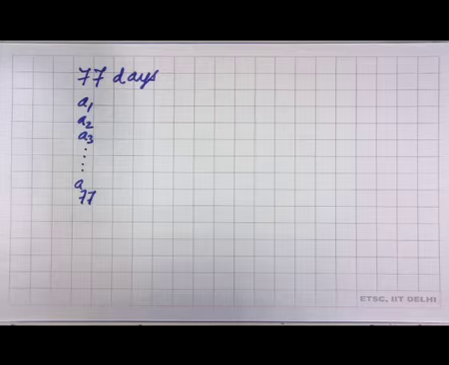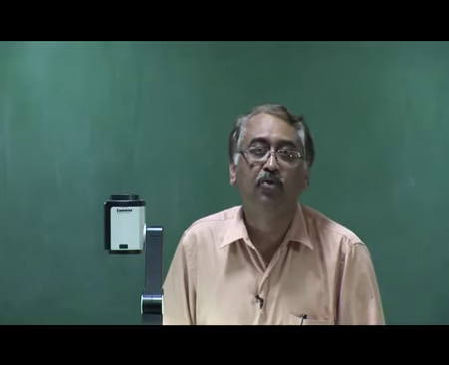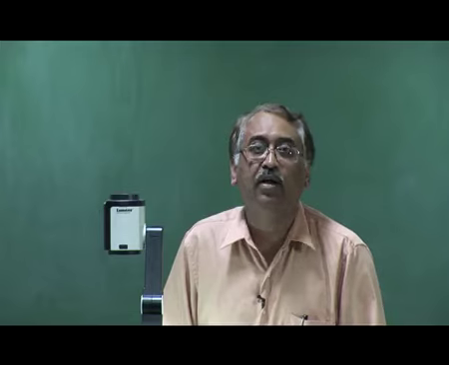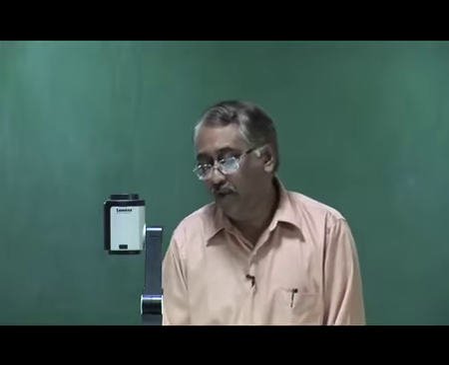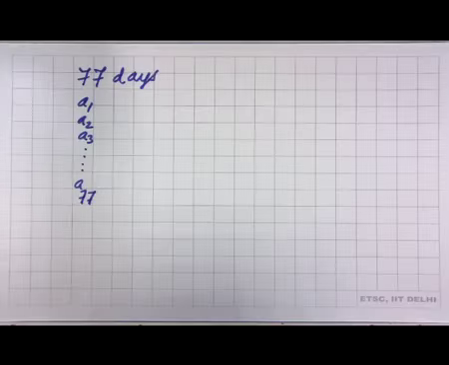So A subscript n denotes the number of games he has played at the end of n days. A1 will tell you how many games he has played after day 1. A2 will tell you how many games he has played after day 2, and so on. And A77 will tell you that at the end of my preparation, this is the number of games I have played.